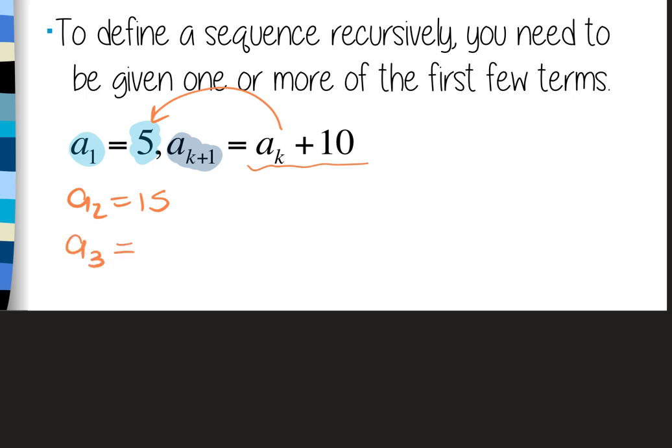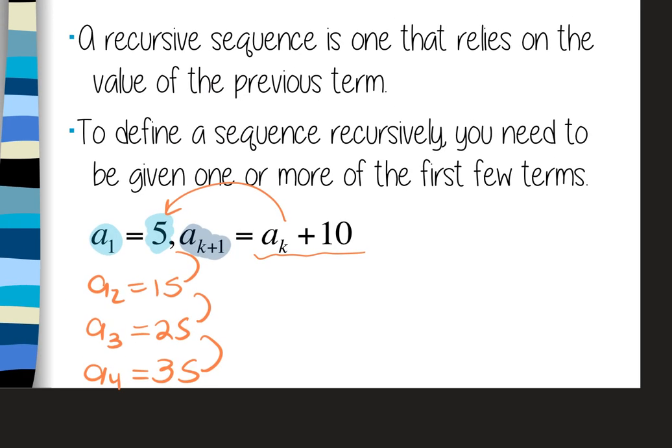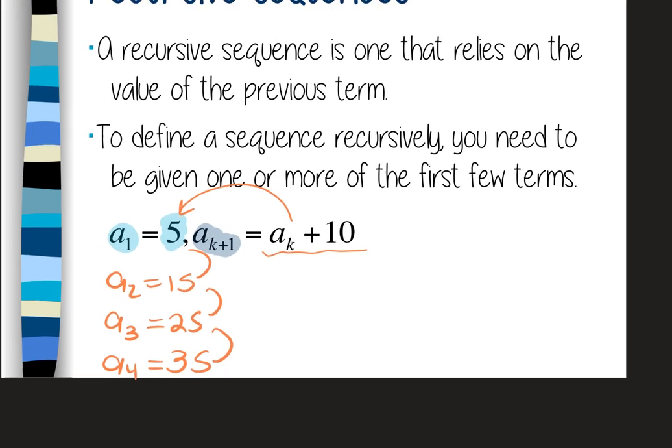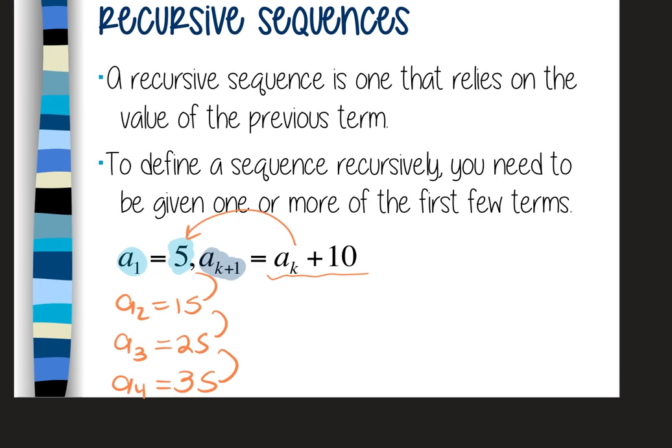Then A3 is saying go to the one before it, which is 15, and add 10 to it. That's 25. Go to the next one. Go back to the previous number and add 10 to it. That's 35. So each time here, you're adding or subtracting or multiplying by the same thing. This time it's increasing by 10, but that obviously could change. Just don't be scared by that notation. It's called recursive, but it just means use the number before it.